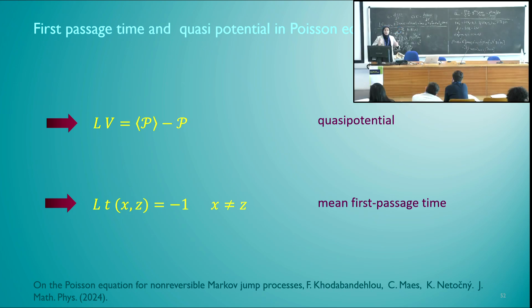You run the process several times and take the mean to see what the first time is that it meets Z. You start from X, run it, it randomly goes and meets and stops. Again, run it and stop, and then take the mean of that. That gives the time it takes for the process starting from X to meet Y, for example Z.